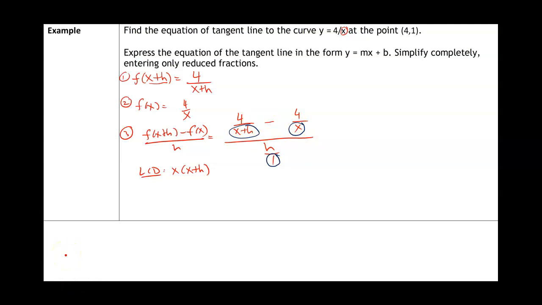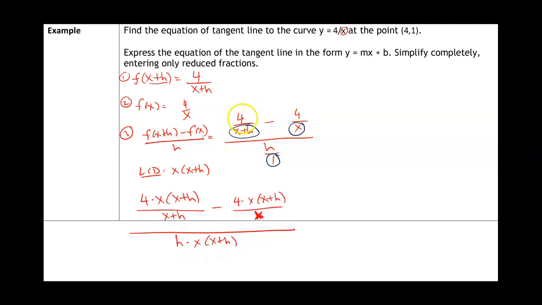Okay, so if I find my LCD, the next step is to multiply all the numerators by the LCD, not the denominator, but the numerator, because I want to cancel out the denominator. So I have 4 times x plus h, which is the LCD, divided by x plus h. Then I have minus 4, this second 4, times x plus h all over x. And then I have the denominator h times x plus h. As a general rule, we don't multiply the denominator. We leave it alone.